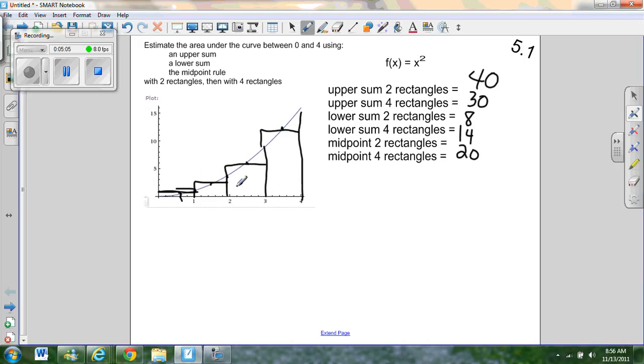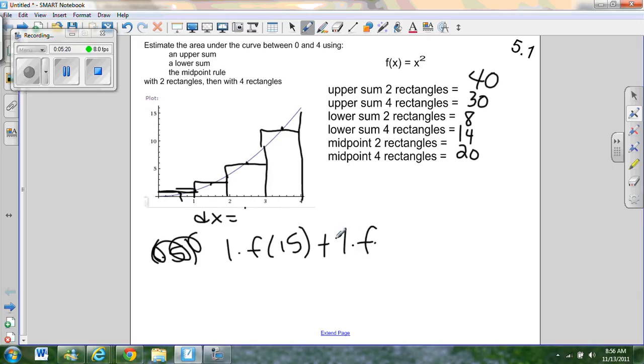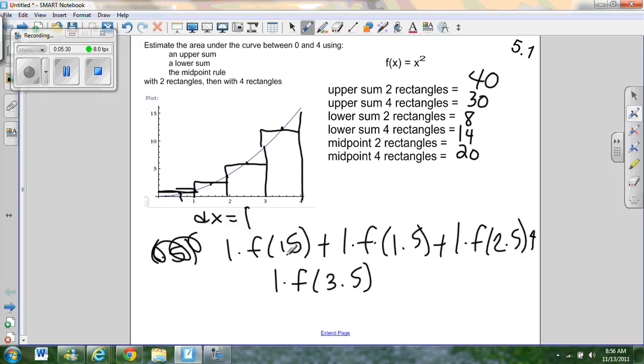Okay, so now we've got dx of 1, so we have 1 times f of 0.5 plus 1 times f of 1.5 plus 1 times f of 2.5 plus 1 times f of 3.5.